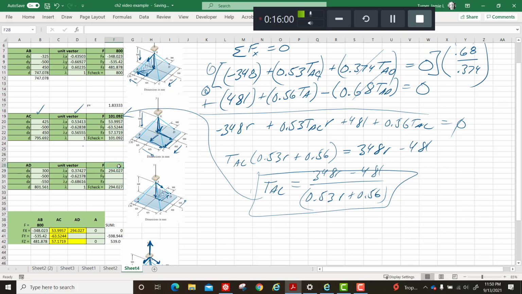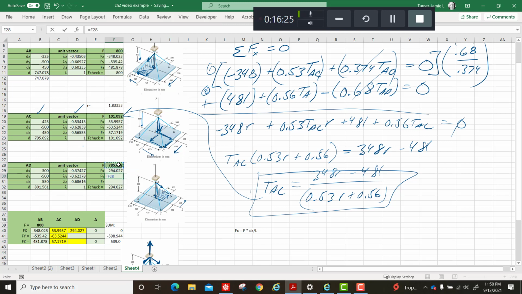Let's go ahead and, so if Fx is equal to F times that ratio, right? Then my force is going to be equal to the X component divided by that ratio. So instead of multiply, it's divided by.